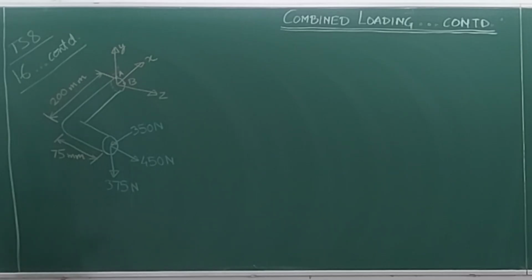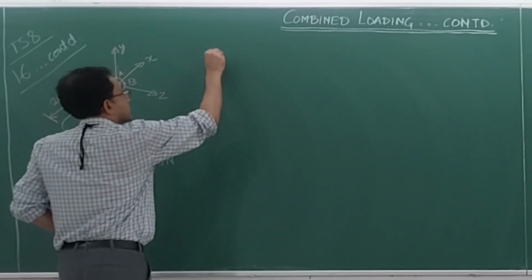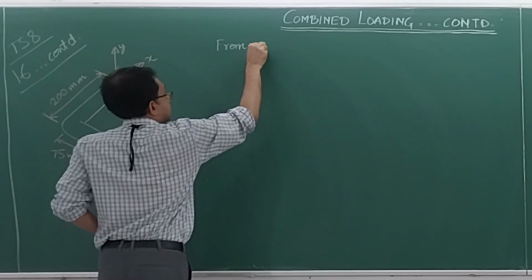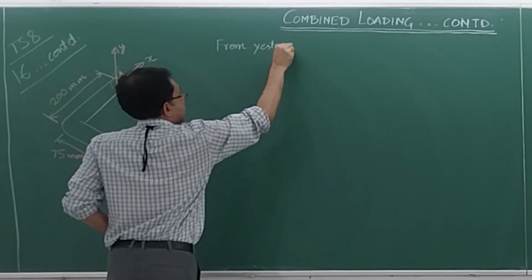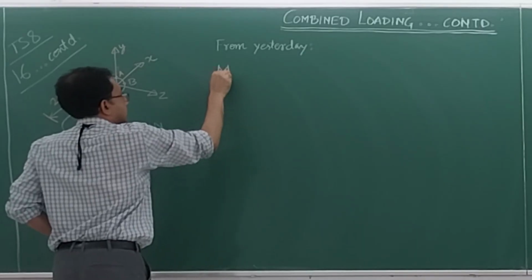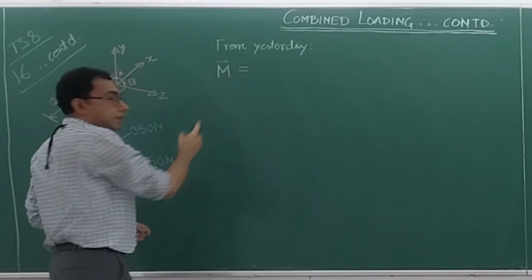You have to help me out with one thing. Yesterday we had found out the moment. You tell me the values of the moment vector from yesterday. So what is this moment vector?